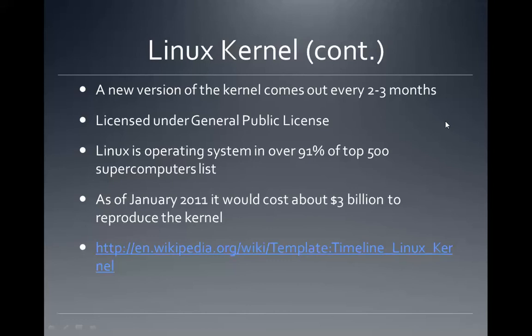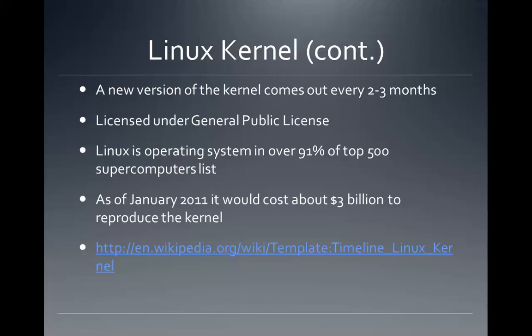So a new version comes out very often. It's every 2-3 months, which is probably part of what open source does. It's always being tweaked and modified. And it's licensed under the general public license, which makes it so Torvalds can produce it and also give it out to people that want to see it. So if you want to see the code of the Linux kernel, you're allowed to for free.